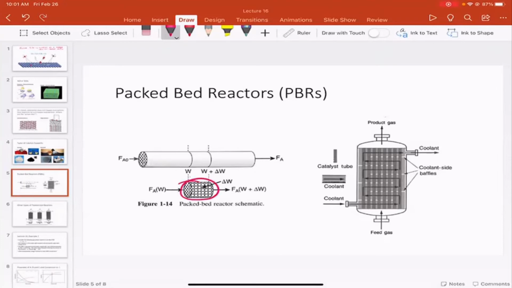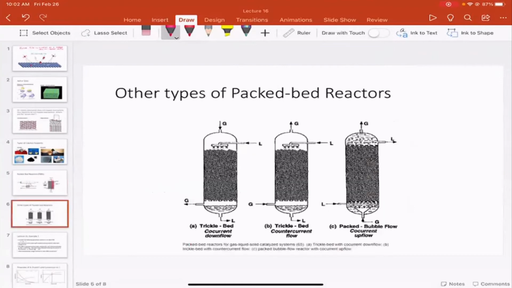This part of the picture to me looks a little bit more like there's a bunch of spherical particles, which is a catalyst that is packing the reactor, hence packed bed reactor. And another configuration is shown on the right-hand side, where you feed the gas in, the gas comes out the top, and the catalyst isn't in a monolith, but it's on the surface of these shafts that are going throughout the reactor. Okay, so that's where the catalyst is in that case.